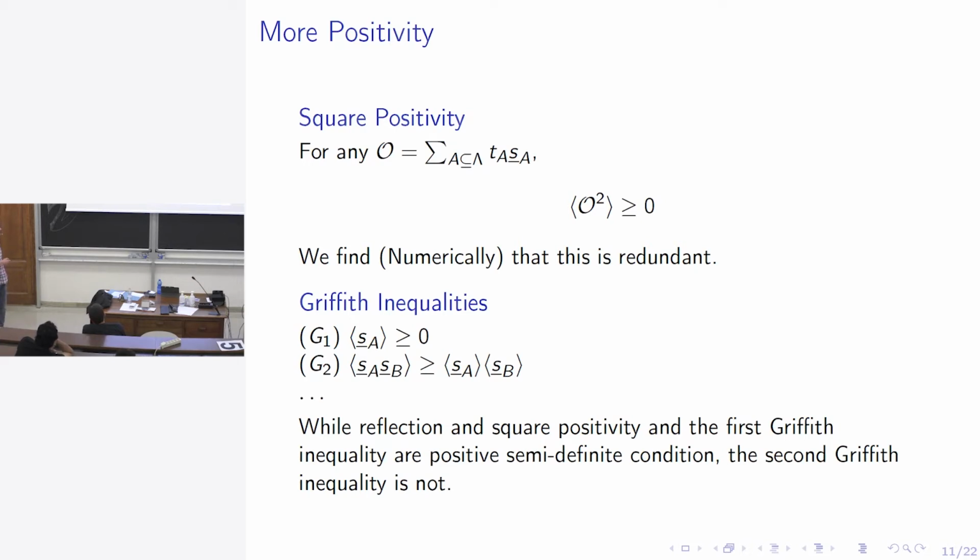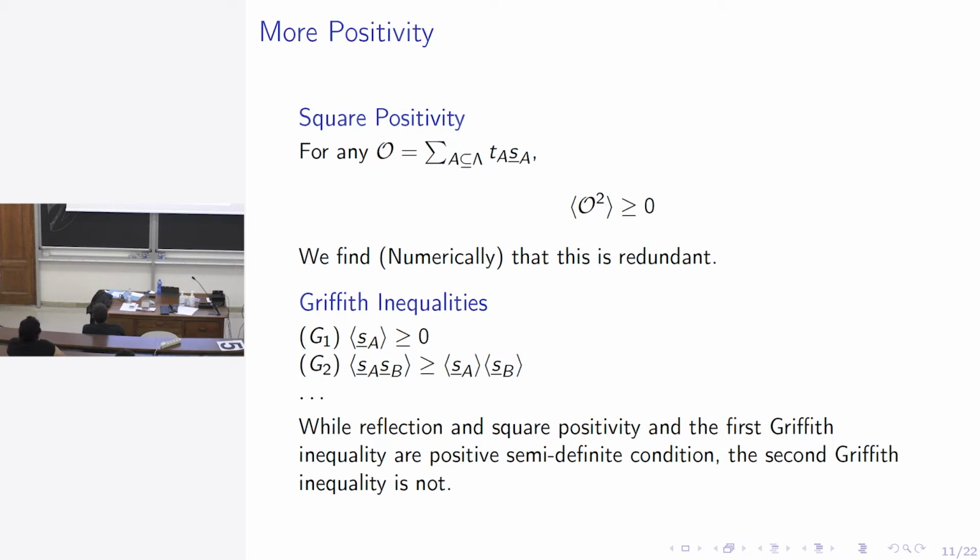This also tells us that if we think about taking a derivative of the action with respect to J or H, our expectation values have to behave in a monotonic way. But this is not a semi-definite positive constraint. It's actually, I think, not even convex. So it's very hard to work with numerically, at least in the methods that we know.